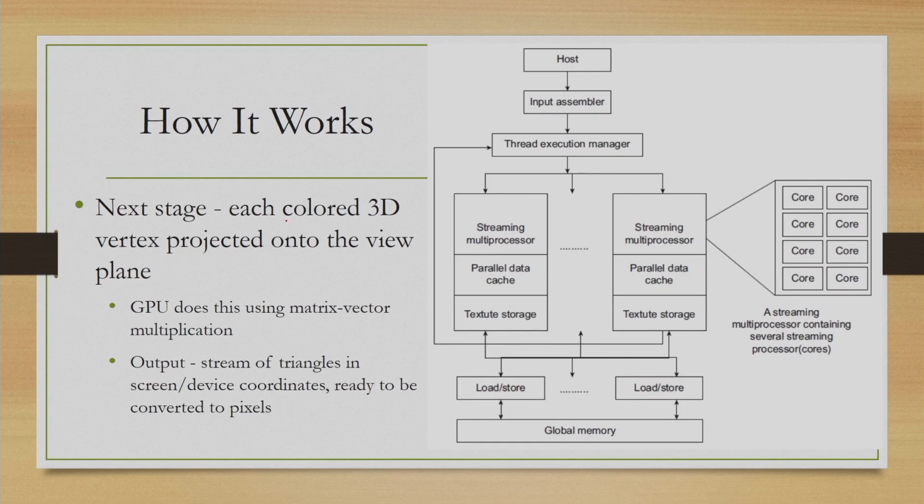After coloring, each colored 3D vertex is projected onto the view plane, and that again is done using matrix vector multiplication. We have already noted this before during our discussion on projection transformation, and the output that we get is a stream of triangles in the screen or device coordinates ready to be converted to pixels.